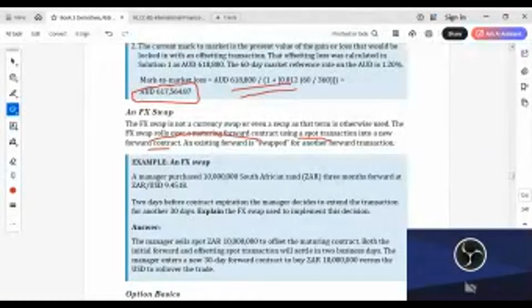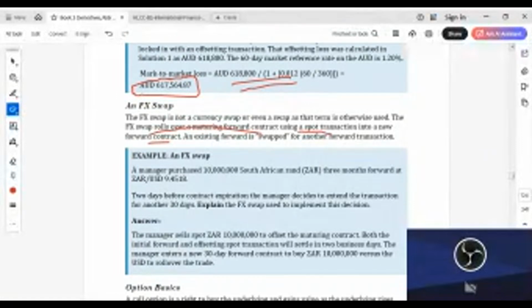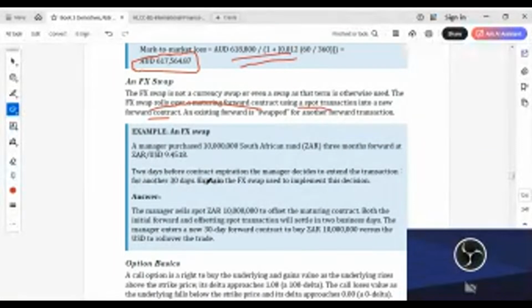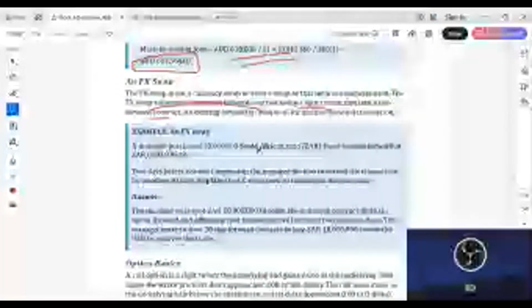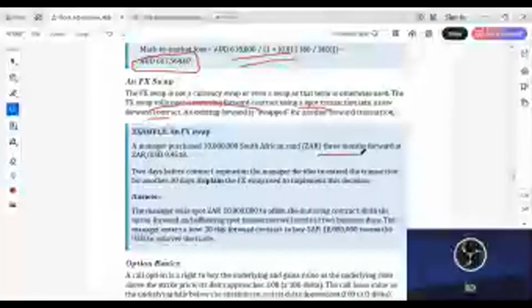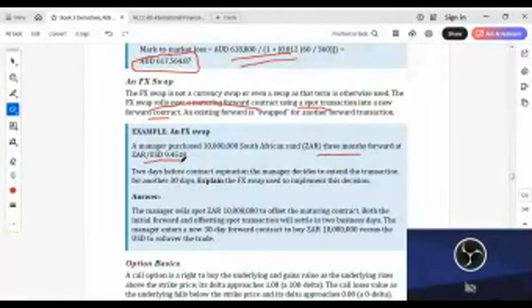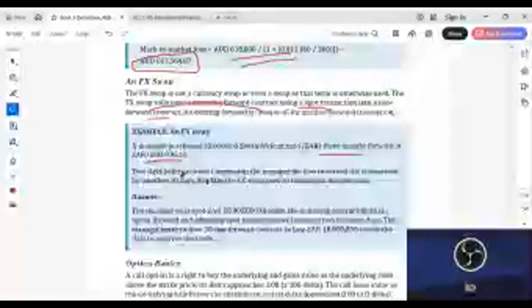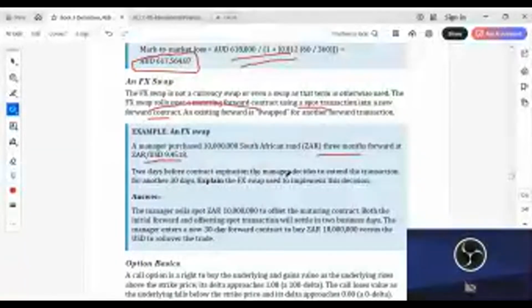So look at this example. A manager purchased 10 million South African rand 3 months forward at this rate. But the rate is again given in USD. Whatever. 2 days before contract expiry, the manager decides to extend the transaction for another 30 days.